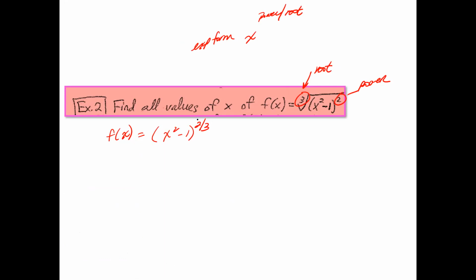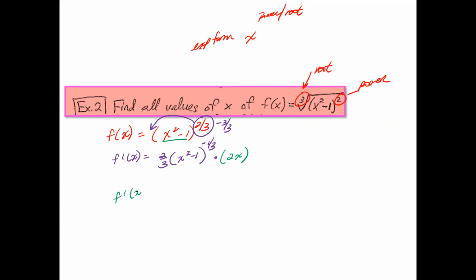Now you can apply the power rule and bring that down. So f prime of x is going to be 2/3 times x squared minus 1, to the power of 2/3 minus the 1 on top, which is 3 over 3, and you should get a negative 1/3. Times, and here is where you need to multiply by the chain, the derivative of x squared minus 1, which is 2x.